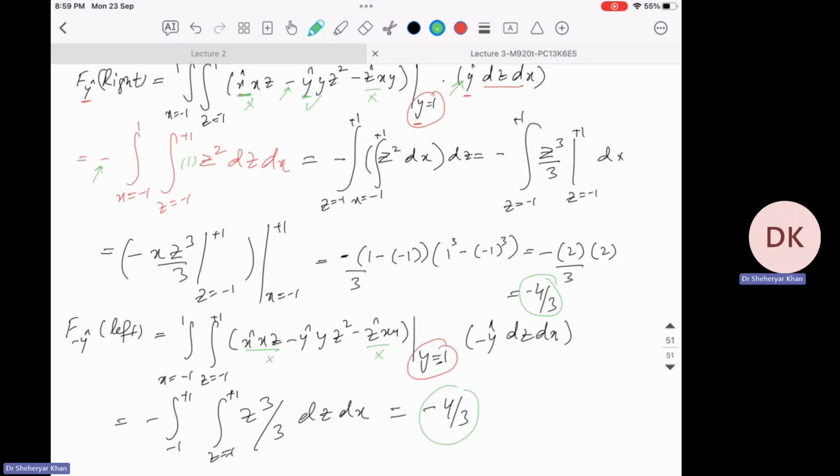Because of this minus and this minus, there is no difference on the solution. Please look carefully and ask if there's any confusion. Okay.